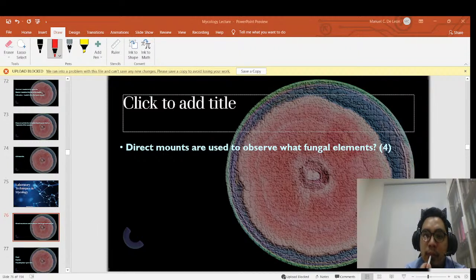Okay, that is a promising answer. It's a start. Fungal elements. We talked about the parts of the fungus earlier. Now, what can we see in the microscope? Hyphae. Very good. Number one is hyphae.